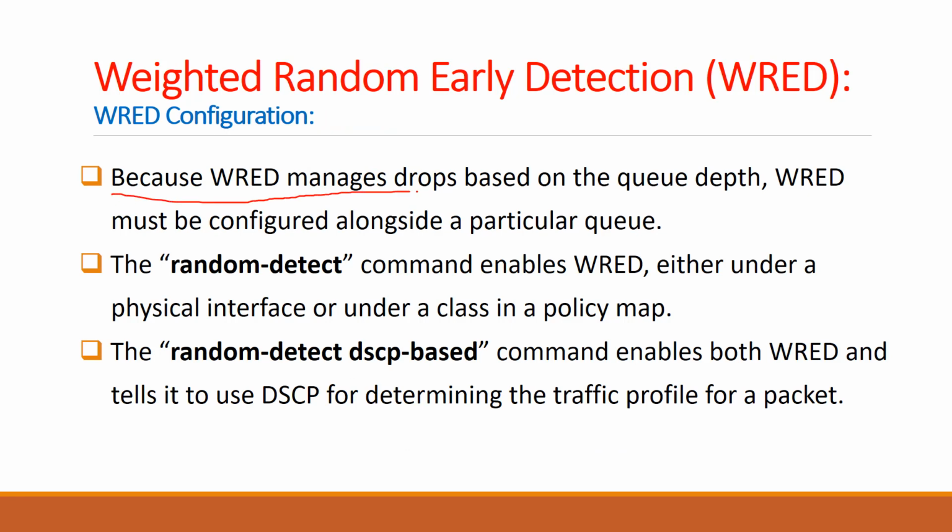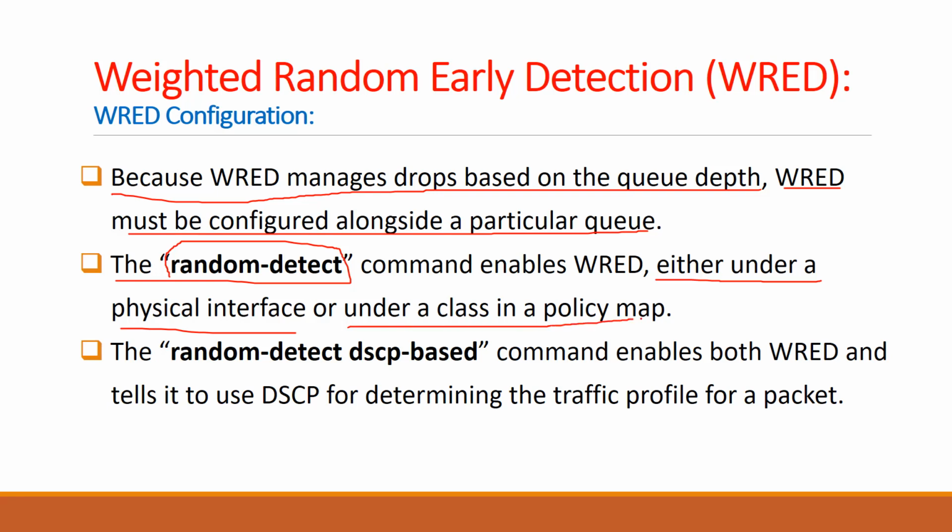Because WRED manages drops based on the queue depth, WRED must be configured alongside a particular queue. Because in this slide we are discussing the WRED configuration. The only one command that is used for enabling WRED is called random-detect. It is used either under a physical interface or under a class in a policy map, and usually this class is the class default.